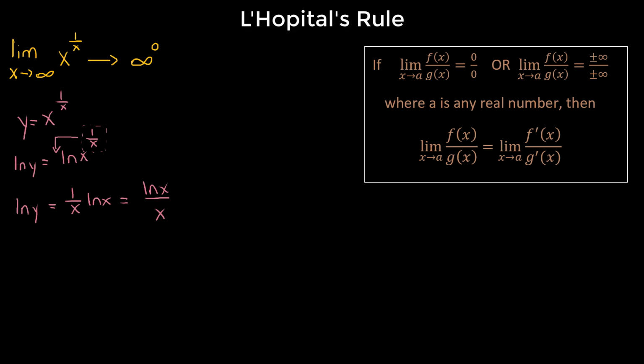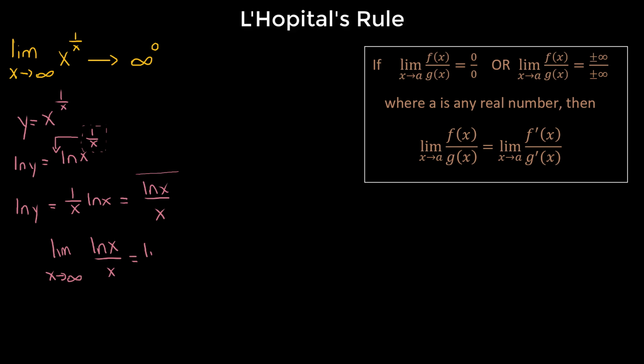If we were to take the limit as x approaches infinity of the natural log of y, well, that is the limit as x approaches infinity of the natural log of x over x. Notice ln of x as x approaches infinity would be infinity. x would approach infinity as well.